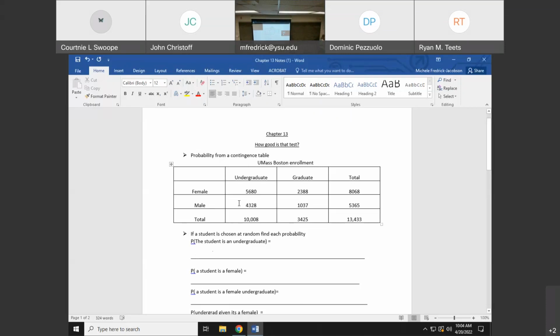If we go in this column, there's 10,008 divided by the total. So if we're taking any one of our 13,000 students at random, the probability is an undergraduate, the total males and undergraduate is 10,008 out of the total.